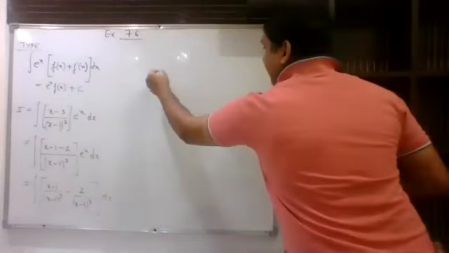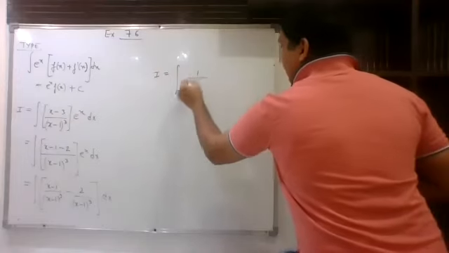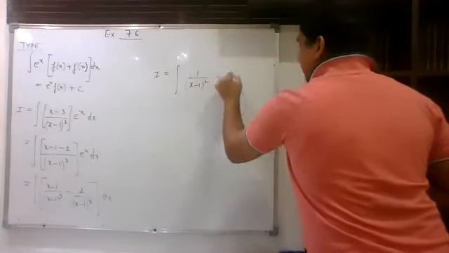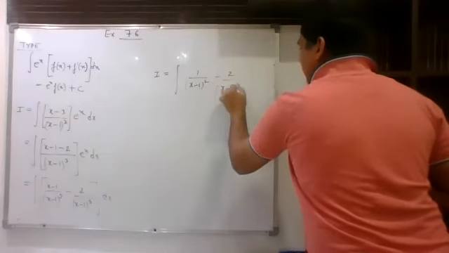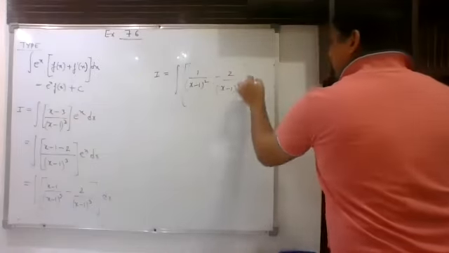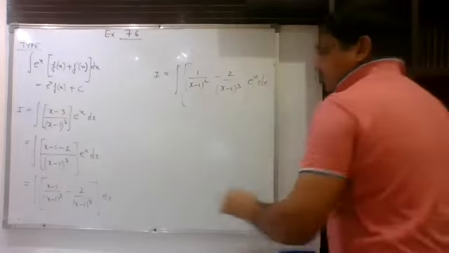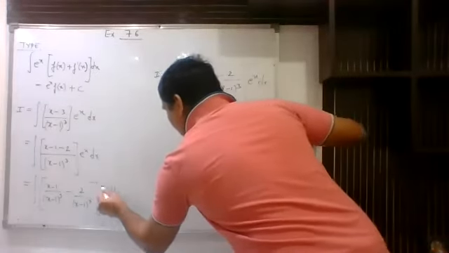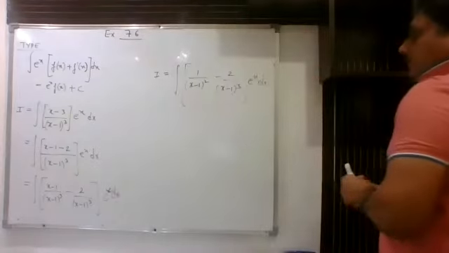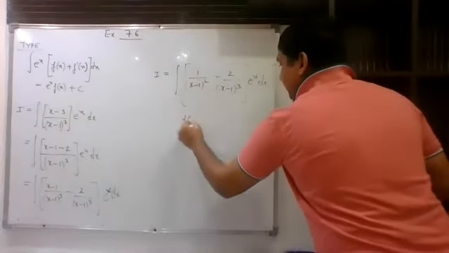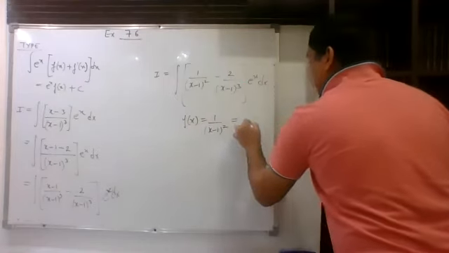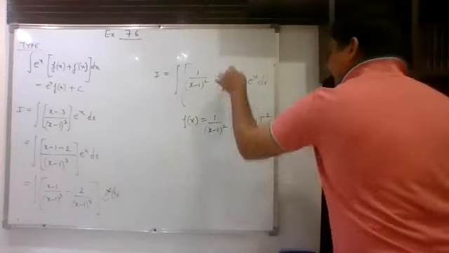So I can be written as ∫e^x [1/(x − 1)² − 2/(x − 1)³] dx. Now, if you see this carefully, your f(x) stands for 1/(x − 1)², because by chain rule, when you take the derivative, you will get this one.